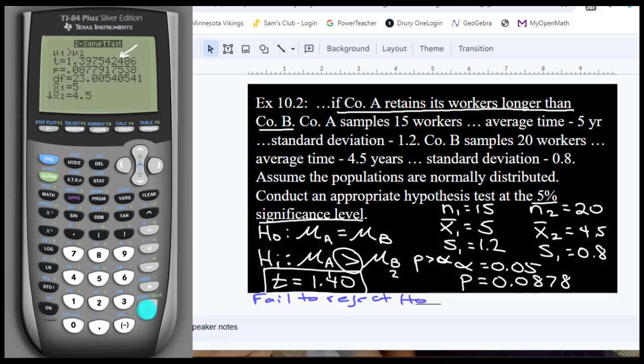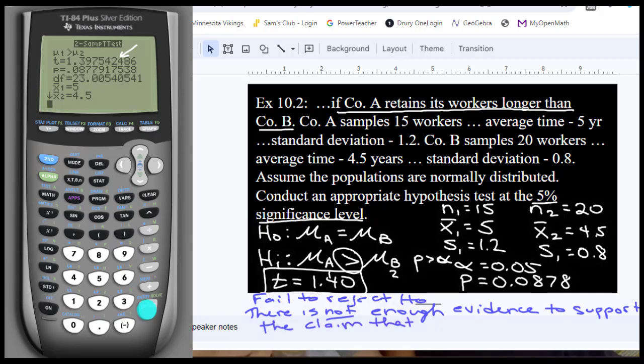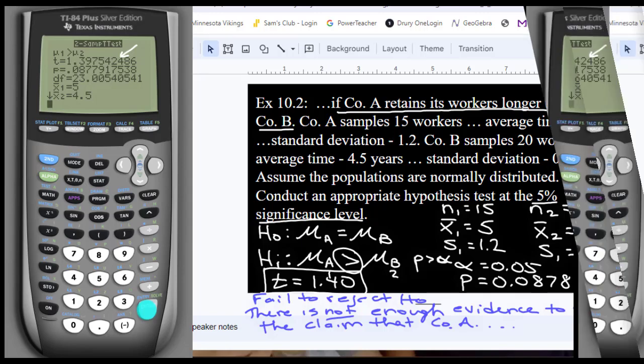And that means, in summary, there is not enough evidence to support the claim that company A retains its workers longer than company B.